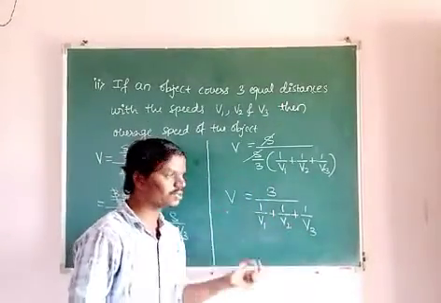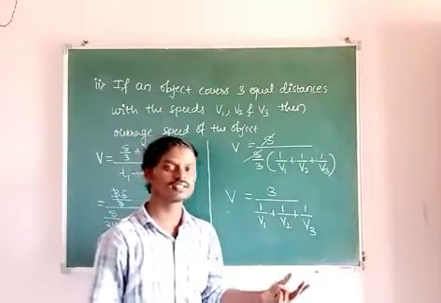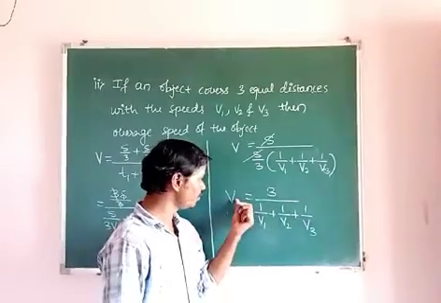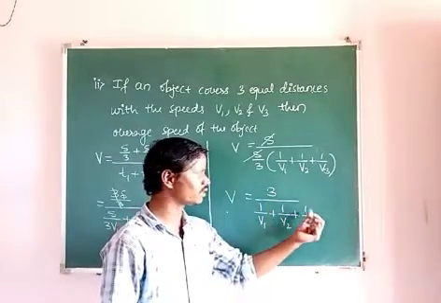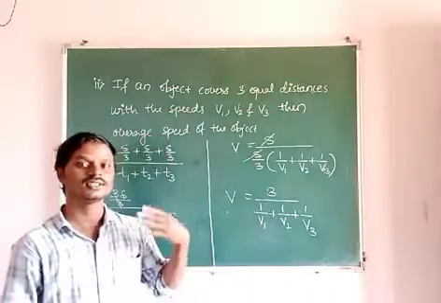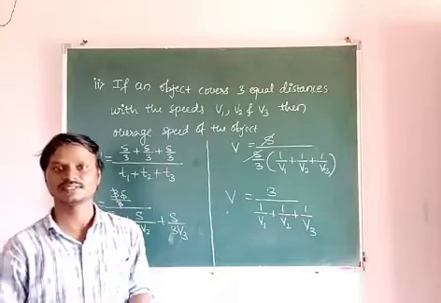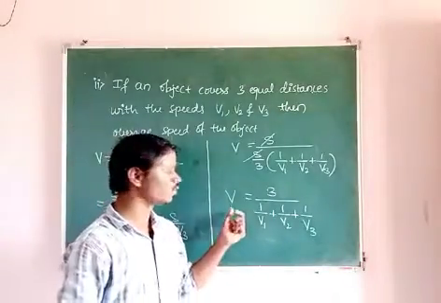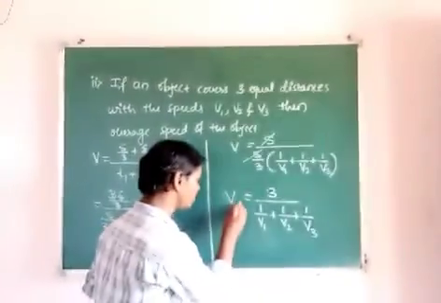That is V is equal to 3 divided by 1 by V1 plus 1 by V2 plus 1 by V3. If the distance can be divided into n number of equal parts, then what is the formula used to find the average speed?